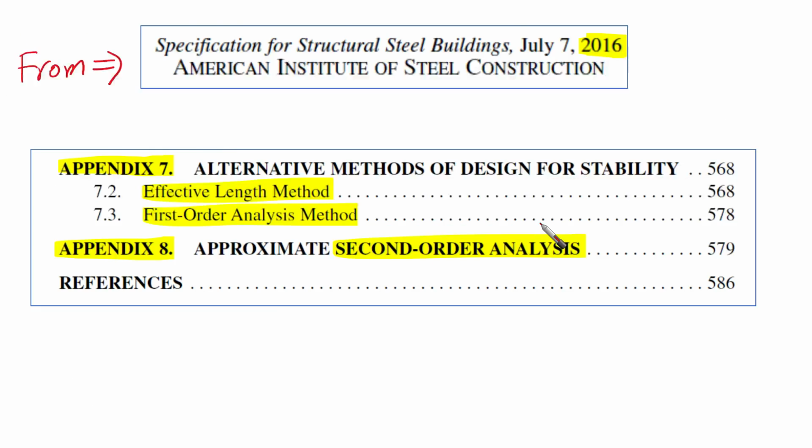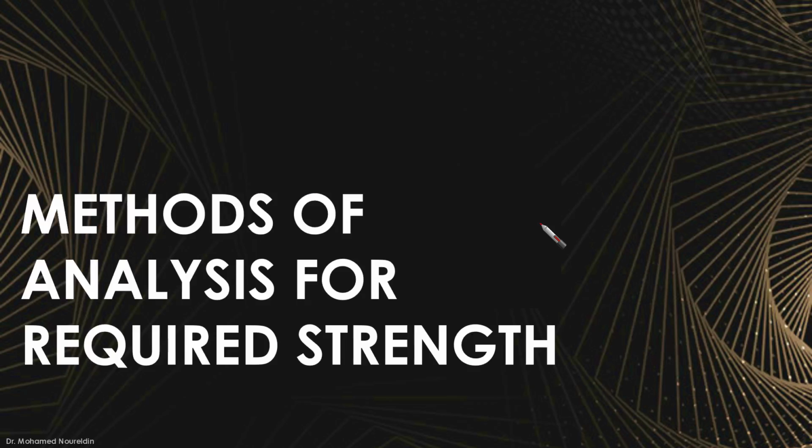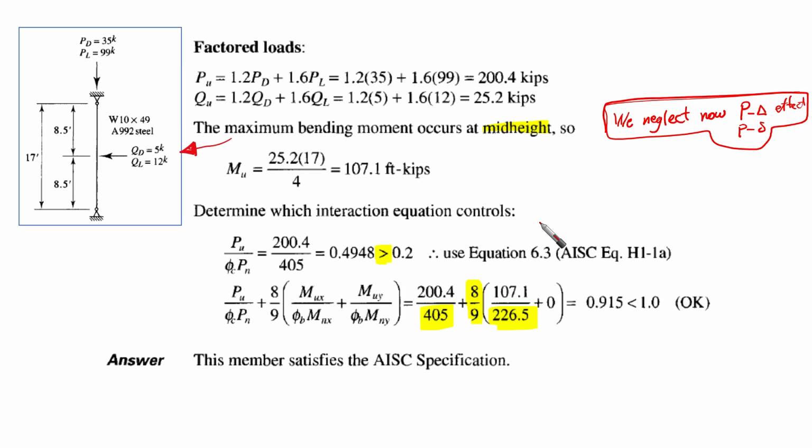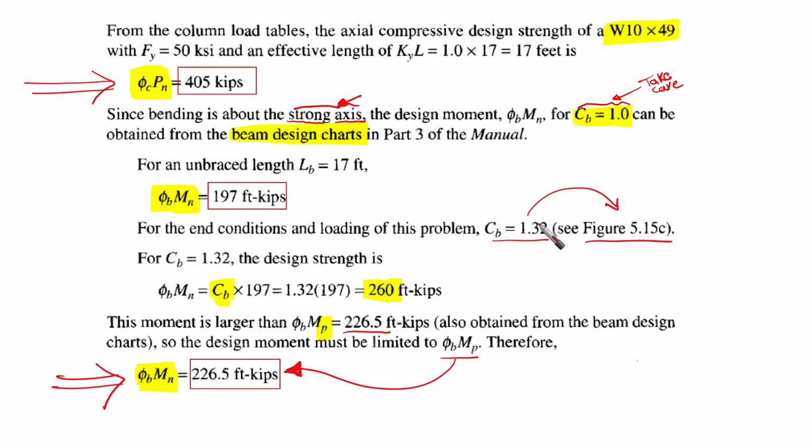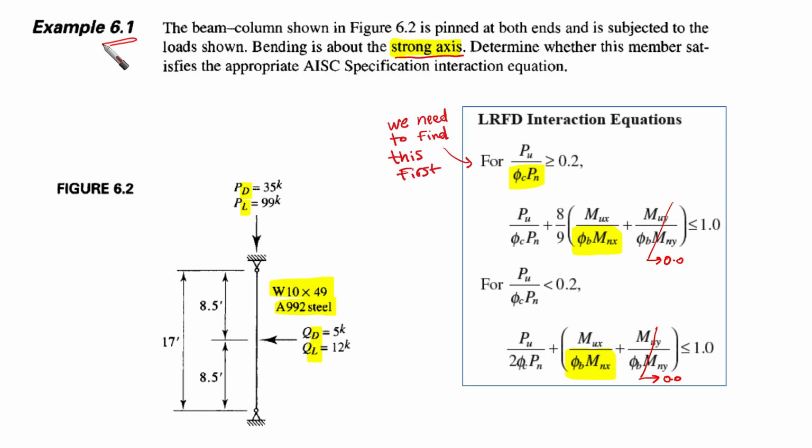Yes, this is 6.1 here, and this is the cross section we are talking about, W10 by 49. So everything is known for us here, and we can get all the properties of this section.